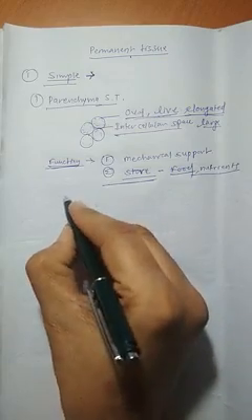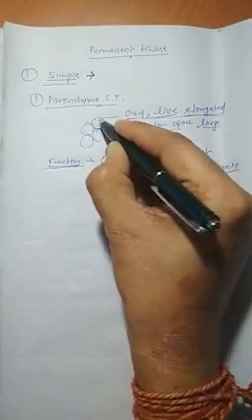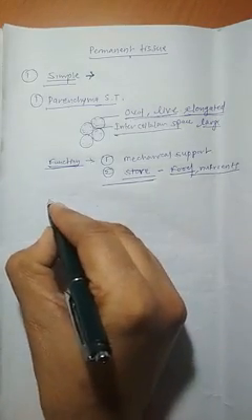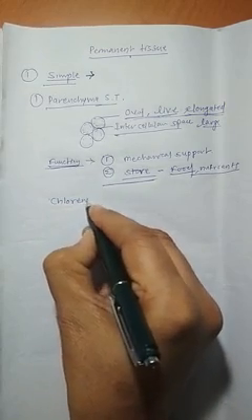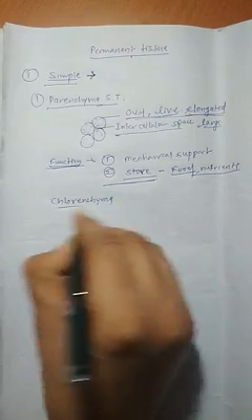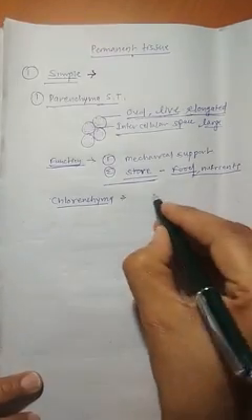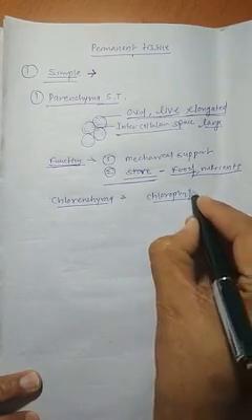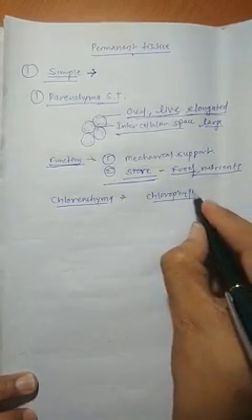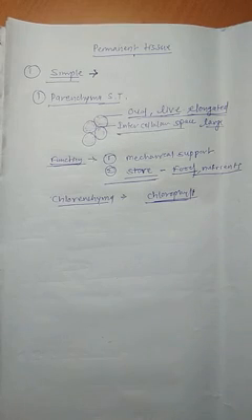One special thing: when parenchyma contains chlorophyll, we call it chlorenchyma. What about function? You well know, photosynthesis.